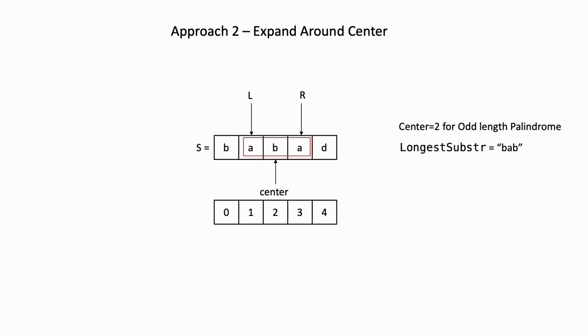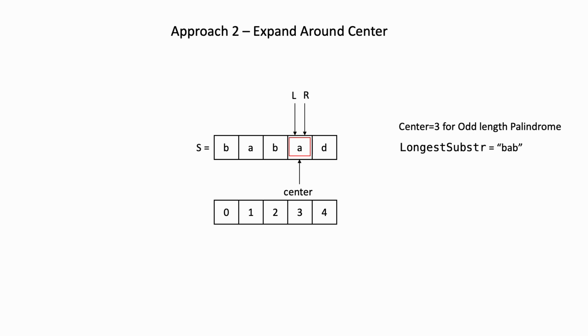We can't expand the left pointer and right pointer from this point because the substring formed will not be a palindrome. Hence, ABA is the longest palindromic substring with center 2. Because its length is equal to the current longest substring BAB, we ignore the current palindromic substring ABA.